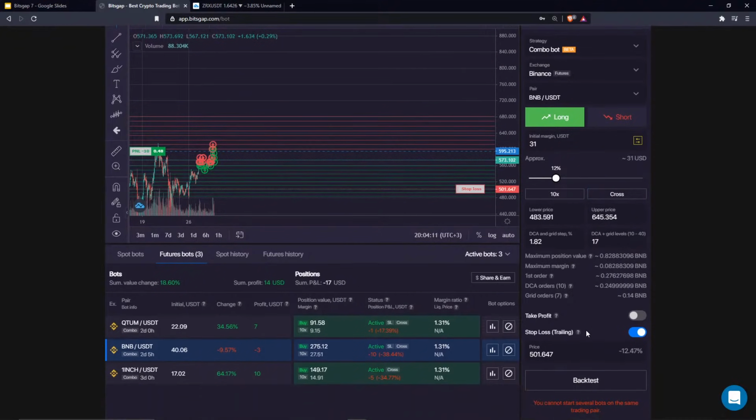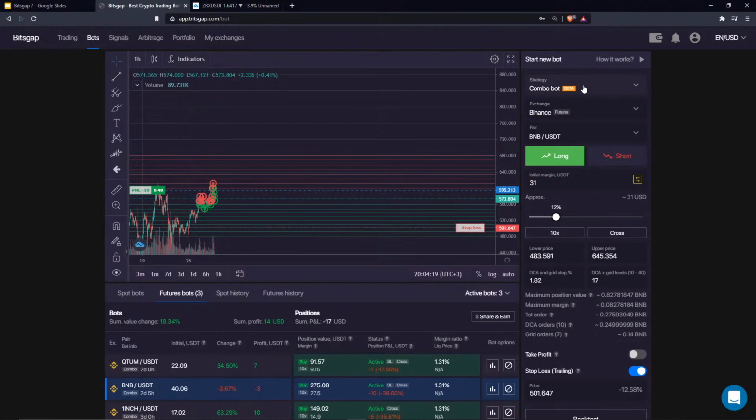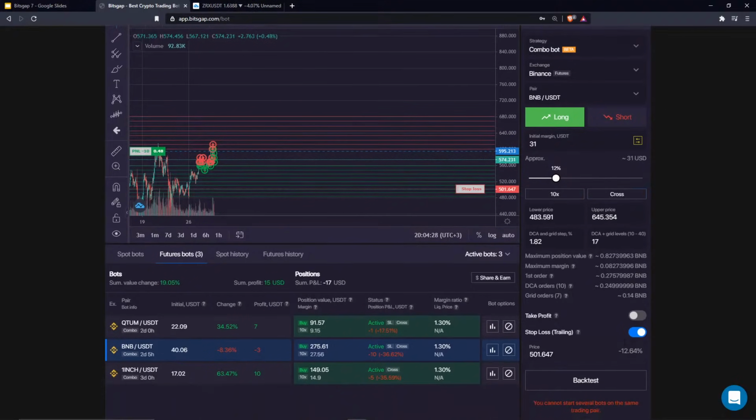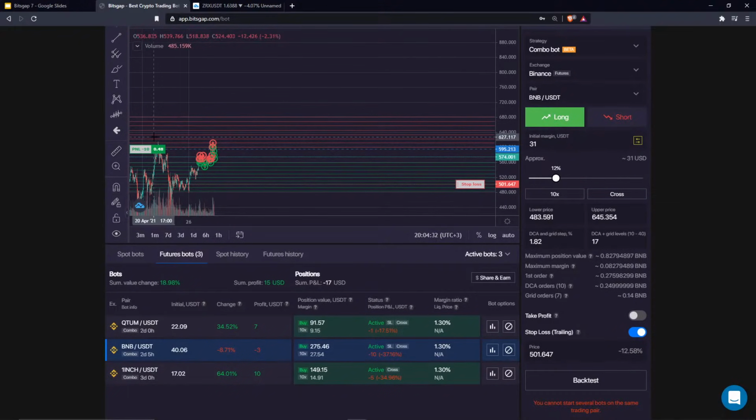So always make sure to stick with the stop loss, and by 10 times I urge you to use the stop loss in the Combobot, because here your risk in general is so much bigger compared with the spot market. I urge you to use the stop loss in futures trading.